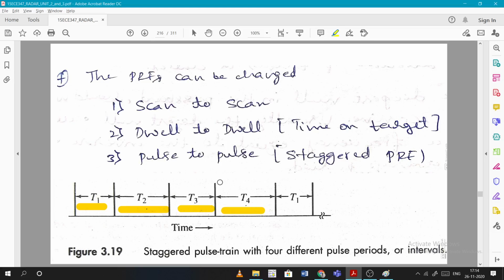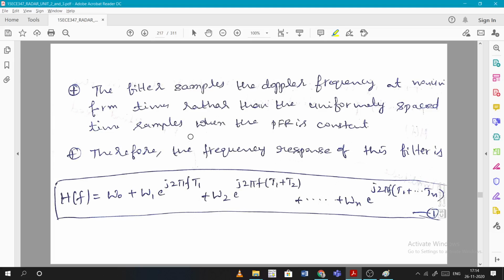Previously, if there is no change in the PRF, every pulse has the same frequency and all are in equal spaces, that means uniformly spaced. But now the filter has to filter the samples at non-uniform spaces. You understand that?